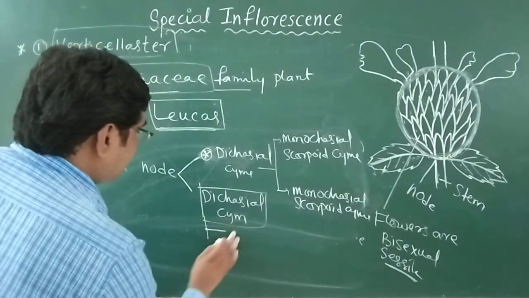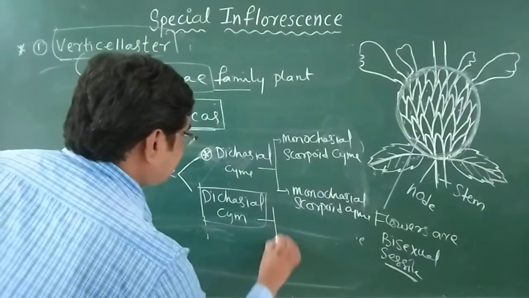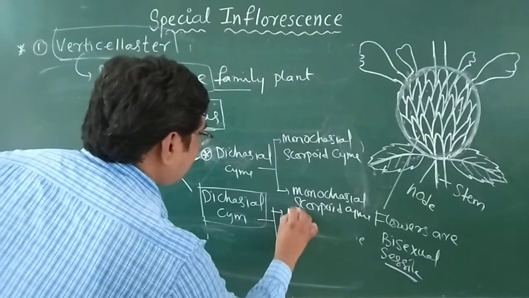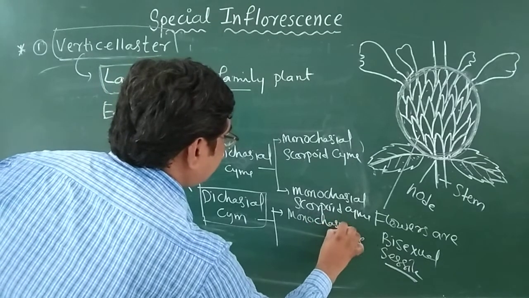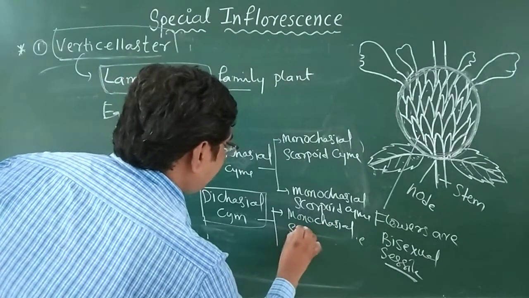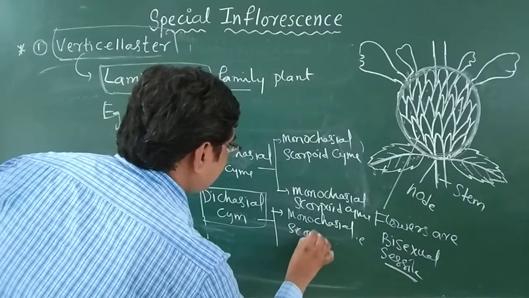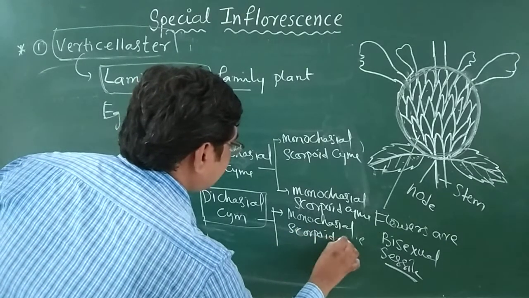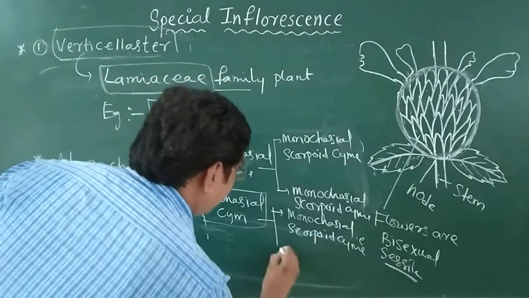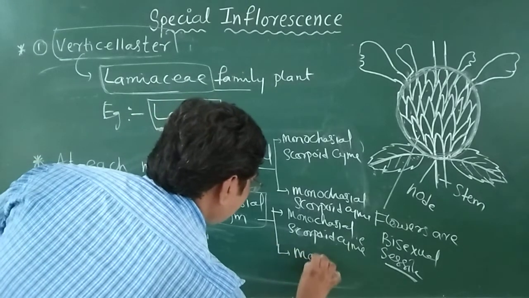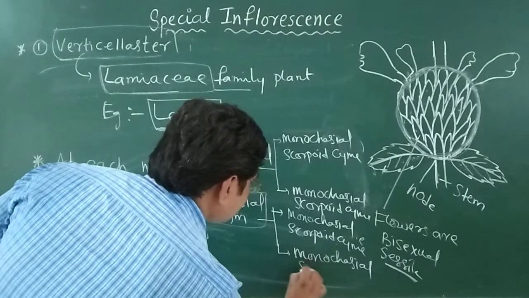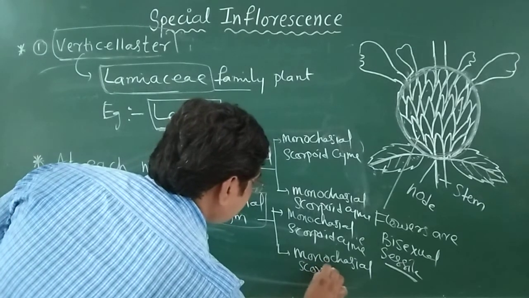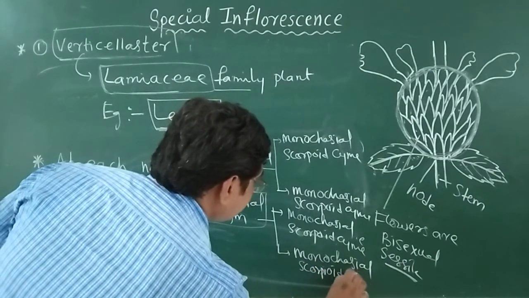From this dicasial cyme again one monocasial scaphoid cyme, and again one monocasial scaphoid cyme.